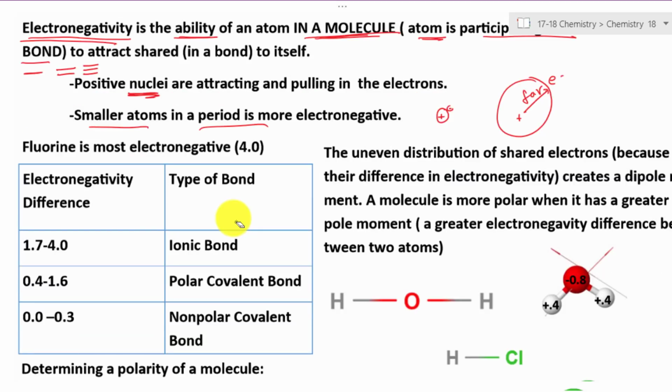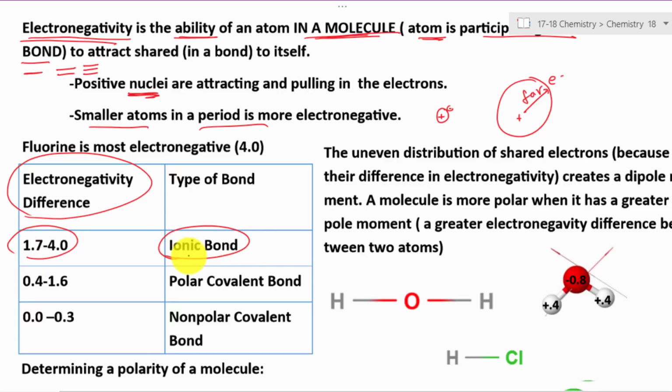But electronegativity is not just limited to how atoms attract electrons, it also defines the type of bond. First of all, we are going to look at the electronegativity difference. The greater the difference, the greater the attraction of electrons by a particular atom. When the difference is between 1.7 and 4.0, we have ionic bonding.